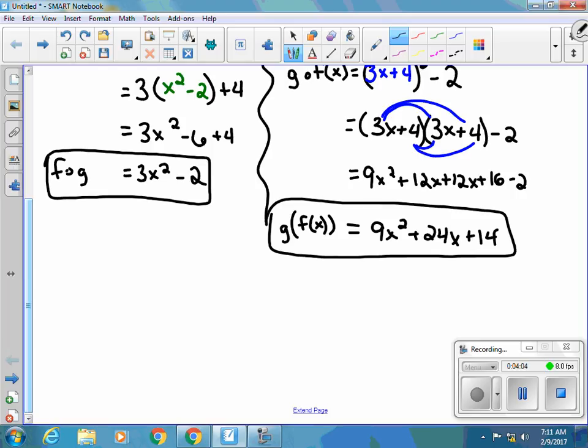It doesn't always have to be two different functions. You could plug f of x into f of x. You could also do this with a number.